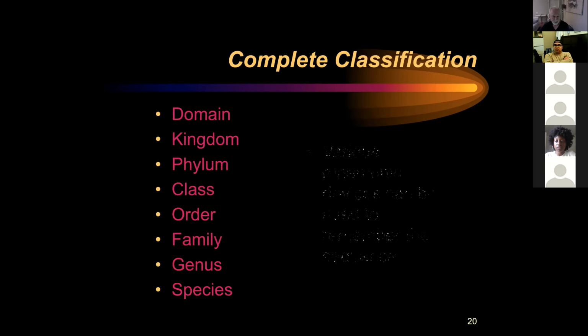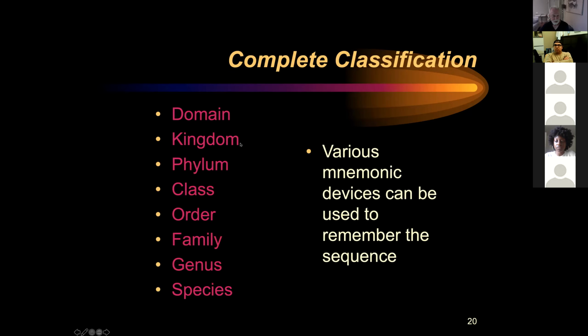And this is the complete sequence, which you should remember, starting with the domain, kingdom, phylum, class, order, family, genus, and species. Usually people develop some kind of a mnemonic so that they can remember the order of these taxa.